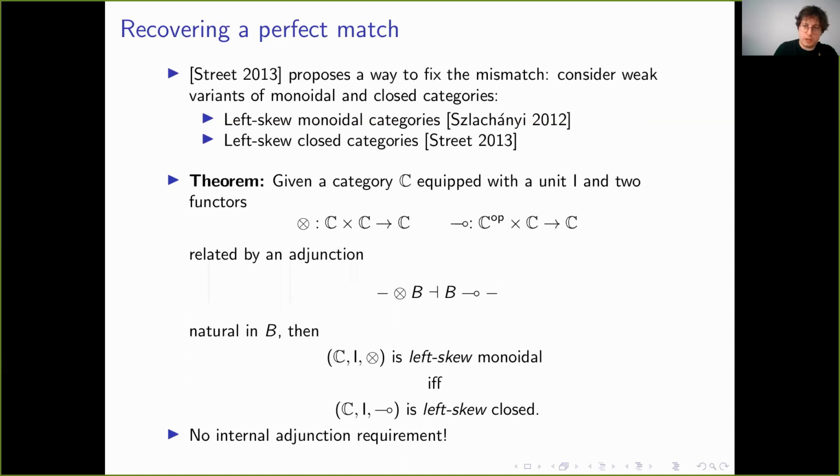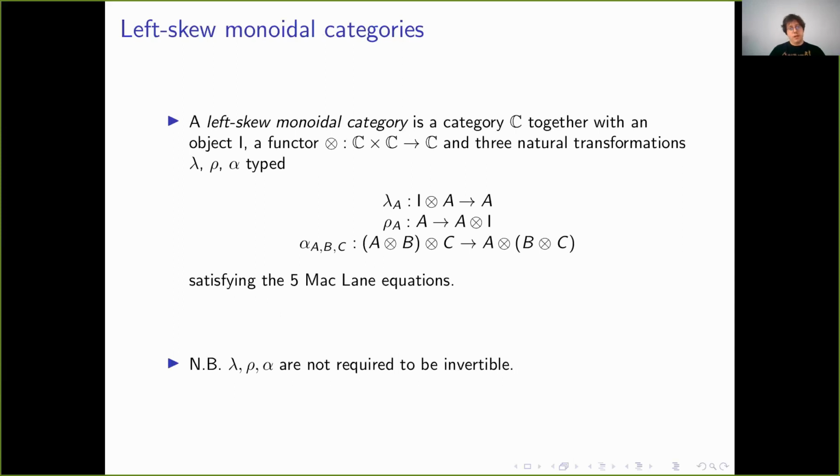Before discussing our contribution to this, let's also have a look at the definitions of left-skew monoidal categories and left-skew closed categories. So this is the definition of a left-skew monoidal category. This is just a category which comes with the unit and the tensor, and three natural transformations, lambda, rho, and alpha, which have these three types here.